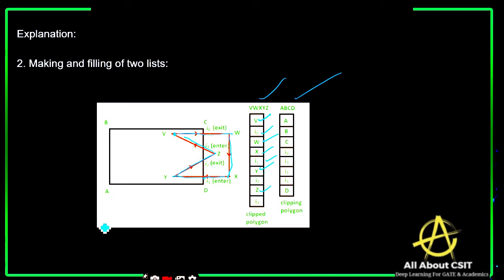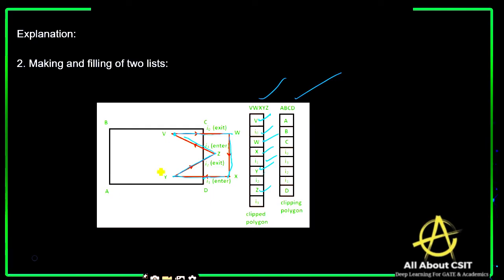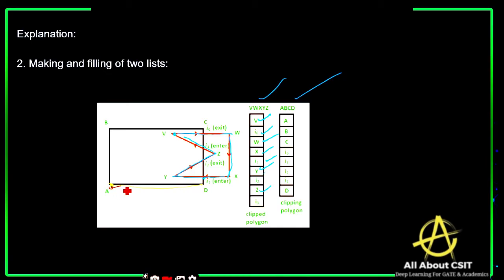Now what is the clipping polygon here? The clipping polygon starts with A, B, C, D. Let me take another color. It starts with A, going this side, because I need to reach I0.